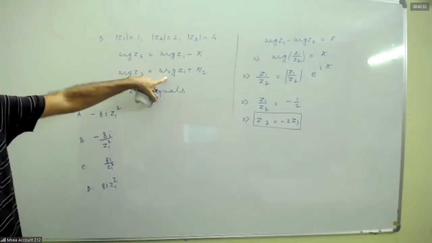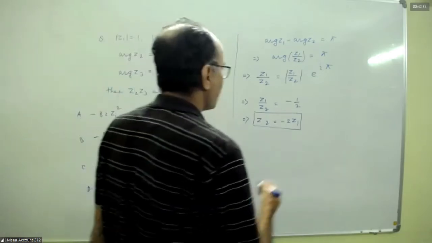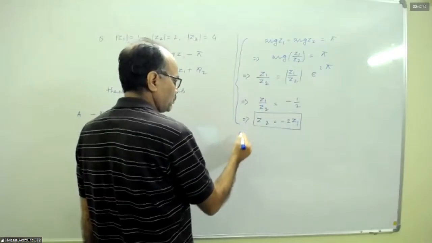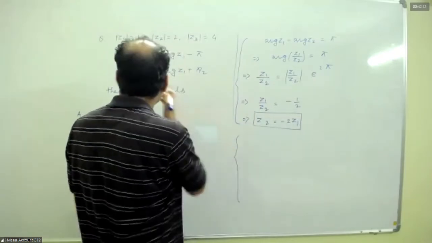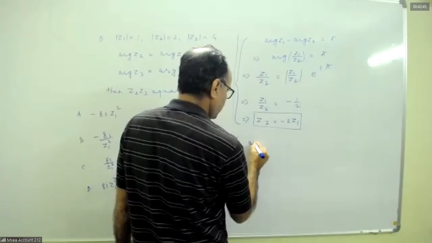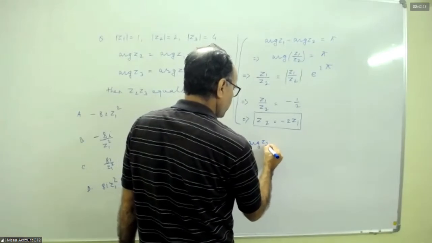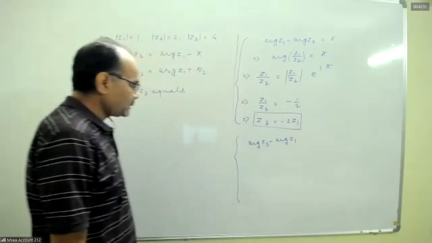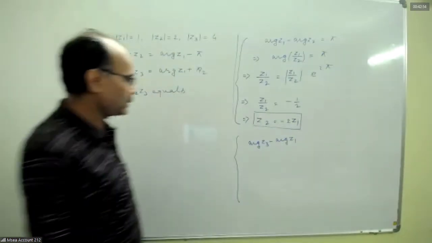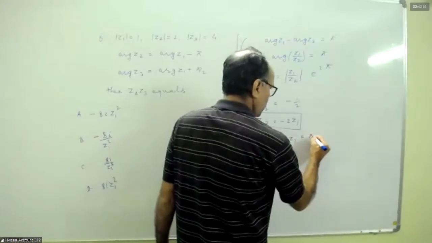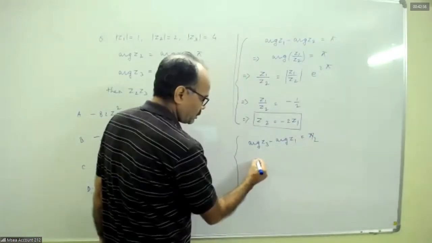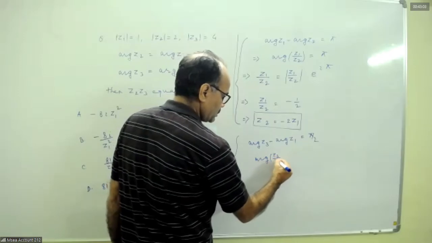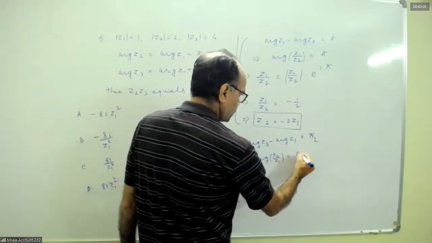Argument of Z3 minus argument of Z1 equals pi by 2. So argument of Z3 by Z1 equals pi by 2.